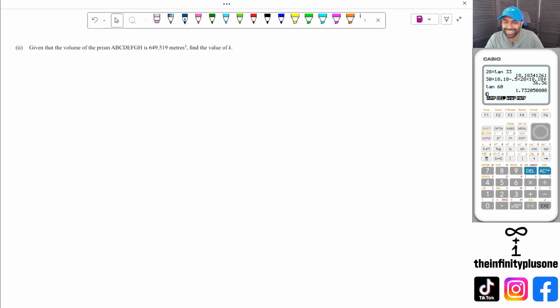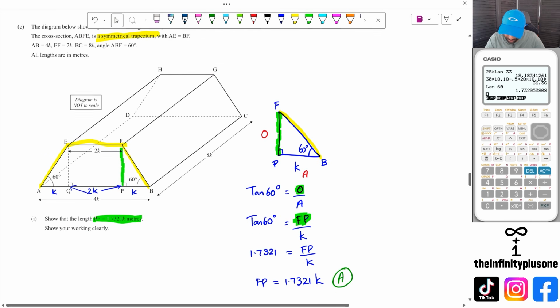Right, so the next question is that we've been given the volume of ABCDEFGH is 649.519. So that basically means we go back to this shape here.